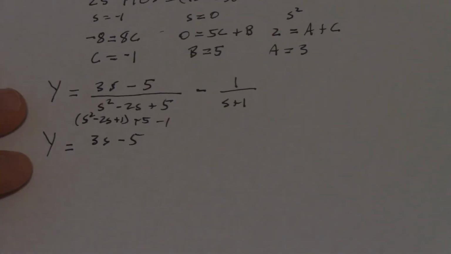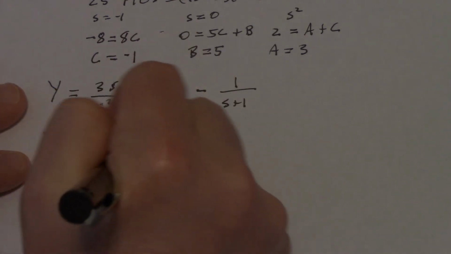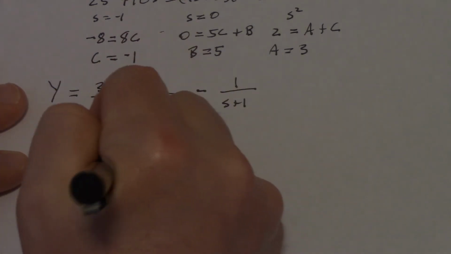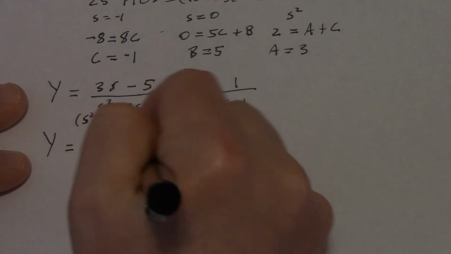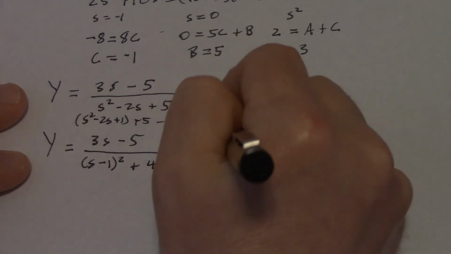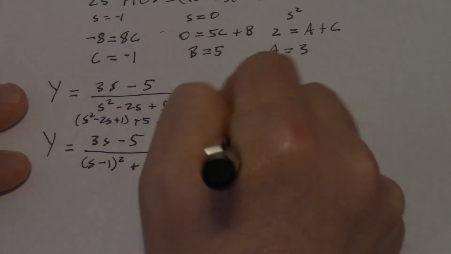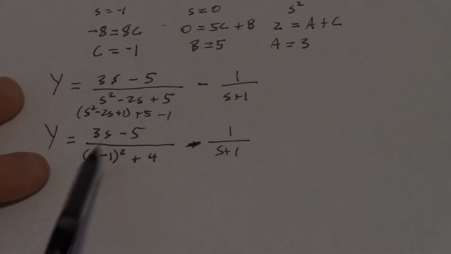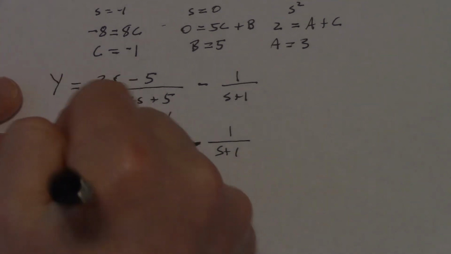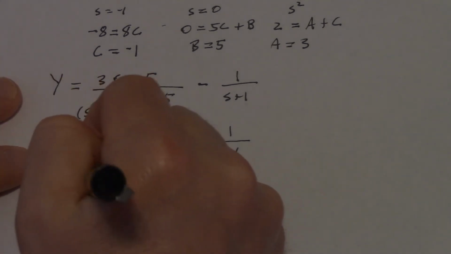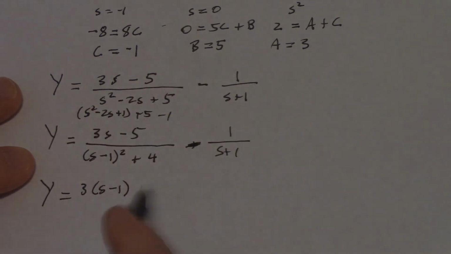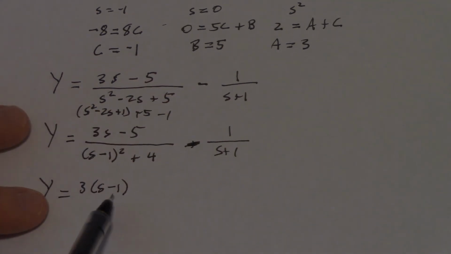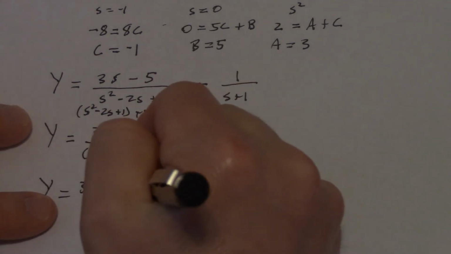So this is going to be 3s minus 5 over s minus 1 squared plus 4 plus minus 1 over s plus 1. And then one other thing, remember that s has to match this s minus 1. So I need to change that into an s minus 1. So that's 3s minus 1. Okay, so what did I really do? I put in minus 3, so I have to add 3.